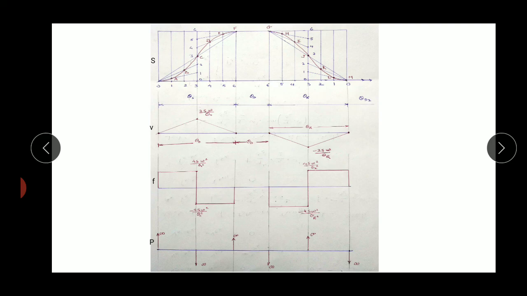So whether it is ωt or time or theta, we have the same graph. Only on the x-axis we can have different notations or different units, whether it is theta or ωt or time. So this is the complete graph of displacement versus time or displacement versus theta, velocity versus theta, acceleration versus theta and jerk versus theta.